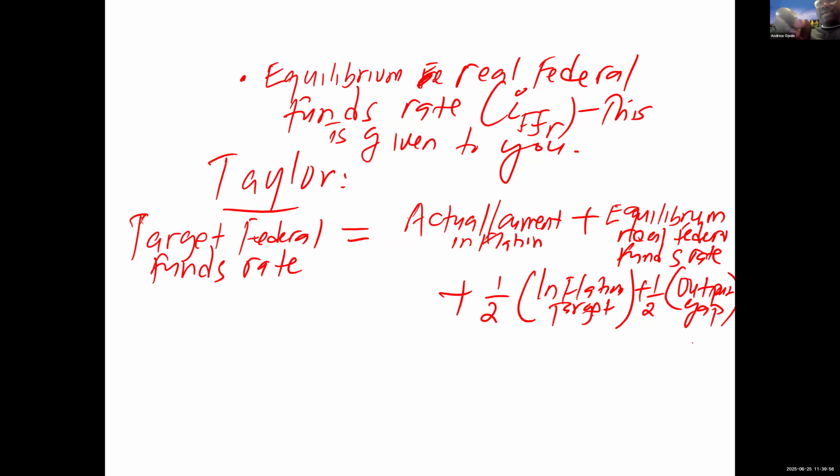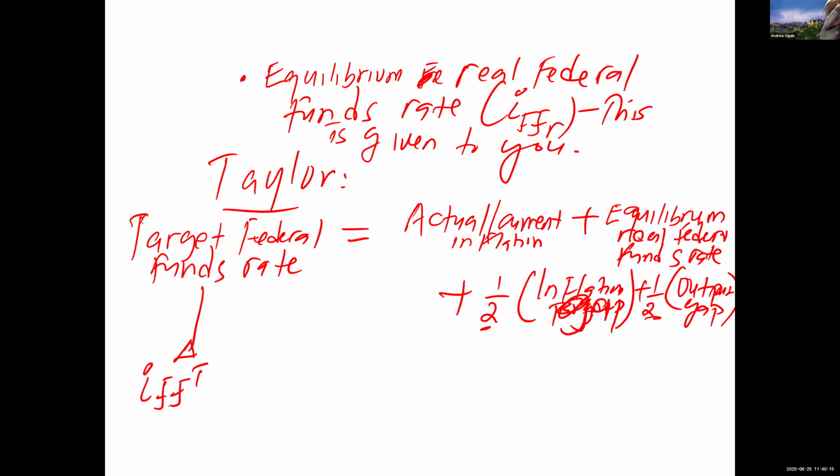So according to Taylor, the Fed is going to set equal weights on the inflation gap, inflation gap here, not target, and the output gap. So in short form, my notation for the federal funds rate target is just going to be written as IFFT.